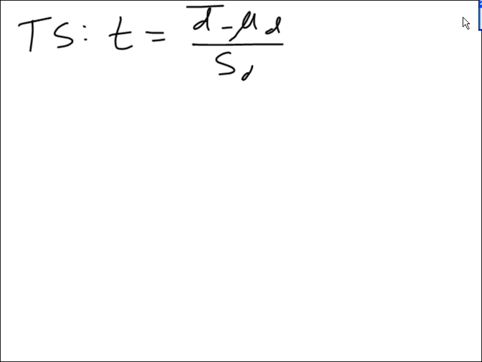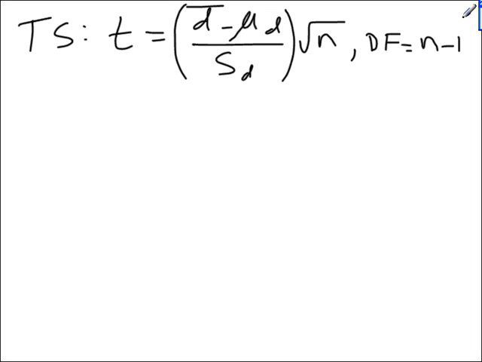The test statistic, the t-test, is t equals d bar minus mu sub d over s sub d, all of this times the square root of n, where the degrees of freedom is back to good old n minus 1.